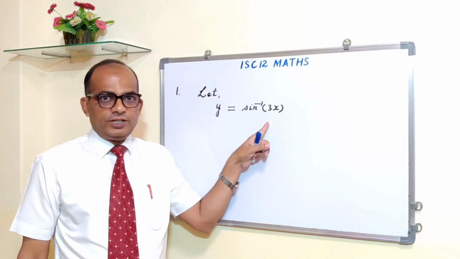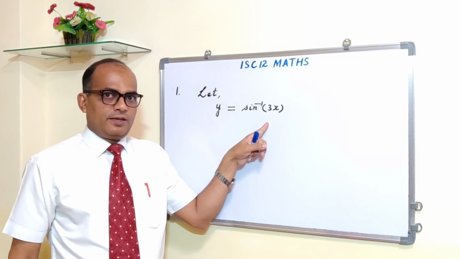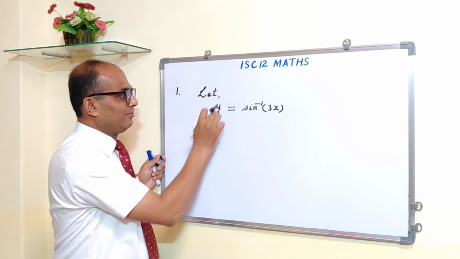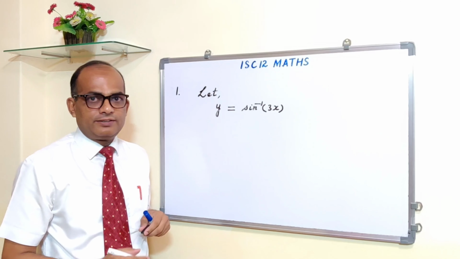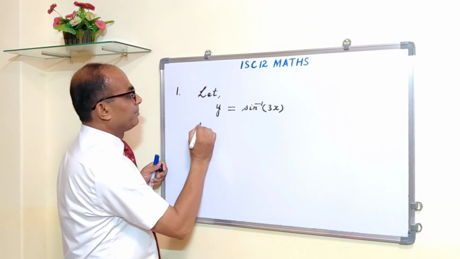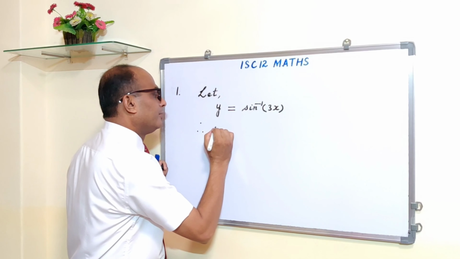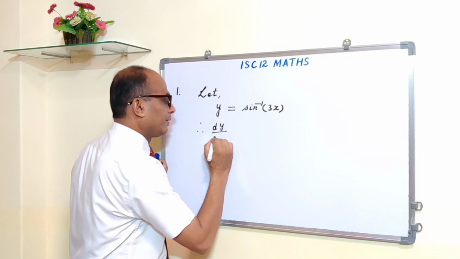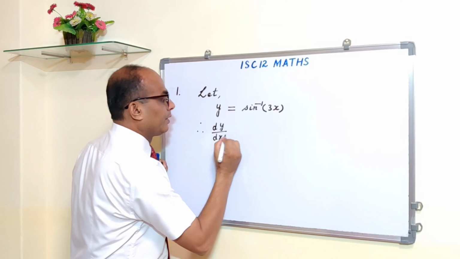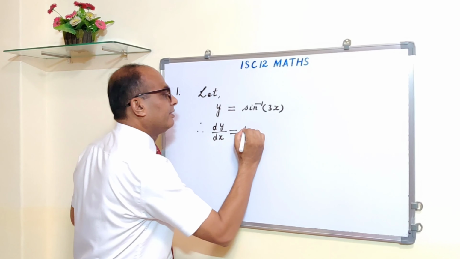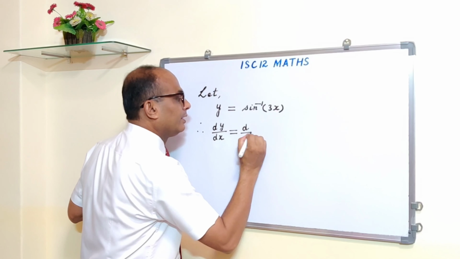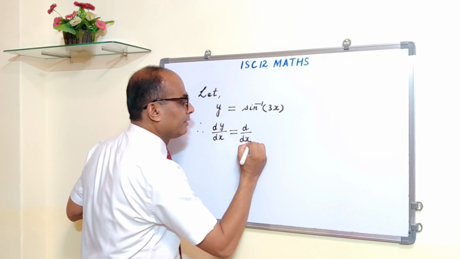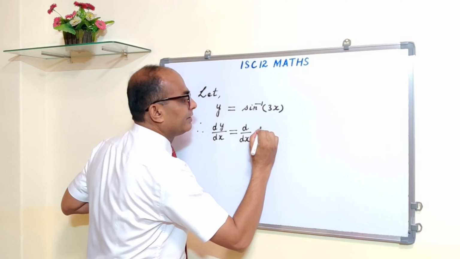We have to differentiate with respect to x. Therefore dy upon dx is equal to d dx of sine inverse 3x.